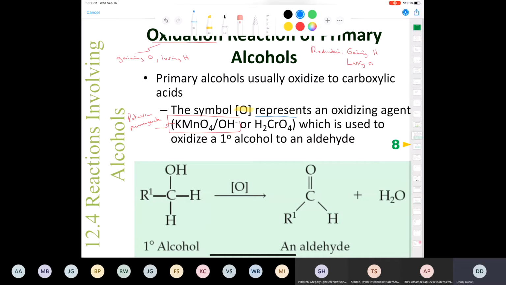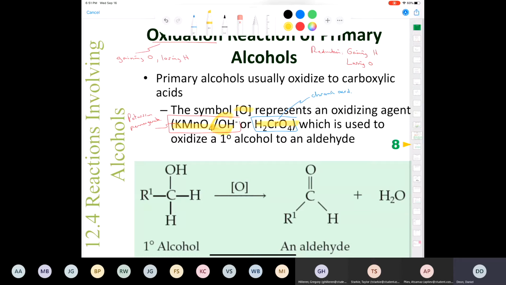And then also this one here. This is called chromic acid. But again, instead of writing all those out, a lot of the time we just use O like that. Now, if you're wondering, like, why do you have two different ones highlighted? Why do you have potassium permanganate and hydroxide and chromic acid?